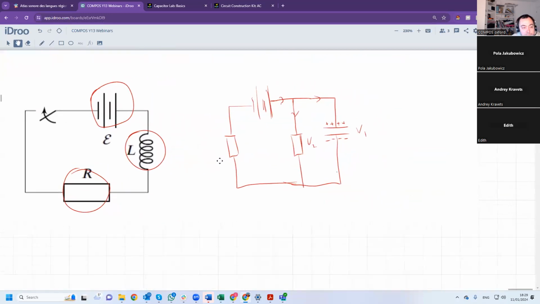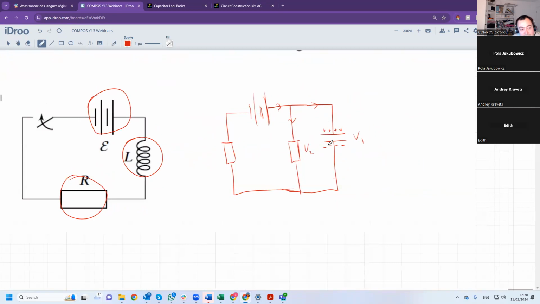So you could say that the capacitor drains energy from the battery, but as it fills up with electrostatic energy, the energy is now redirected to the resistor. Okay, so hope that makes sense.